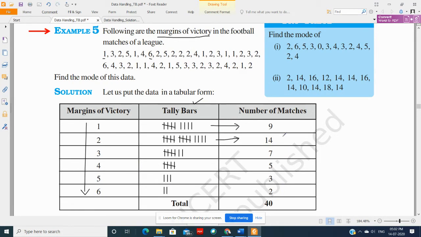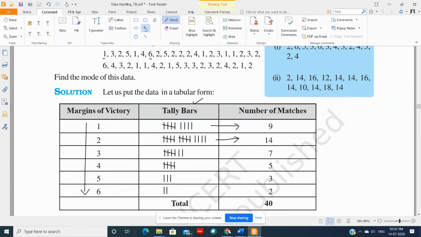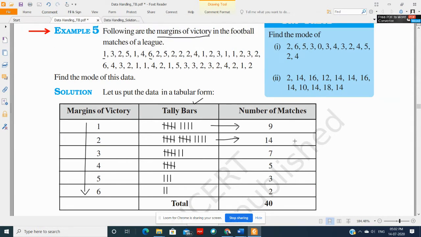Now you can easily see that the number which is repeated the most is 14, right? So here 14 times means this. And 14 times which number is being repeated? That's 2.